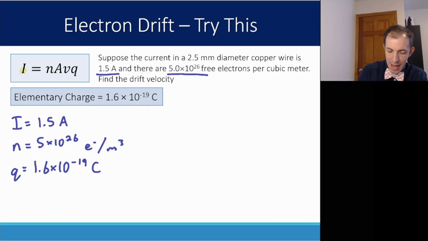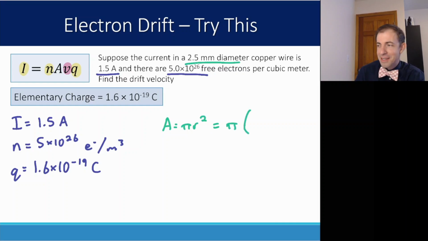So looking at what we have, I, we have n, we have q. We're trying to find v, which means we need to know A, the cross-sectional area. Well, we are given one other value here. We're given the diameter of this wire, but that is not A. A is pi r squared.